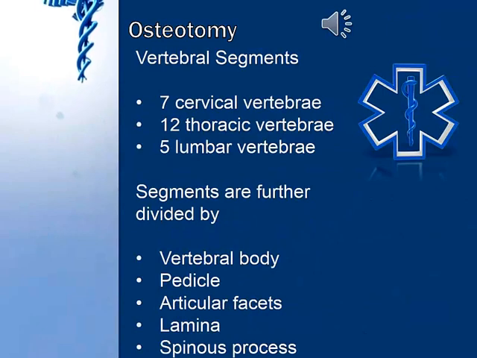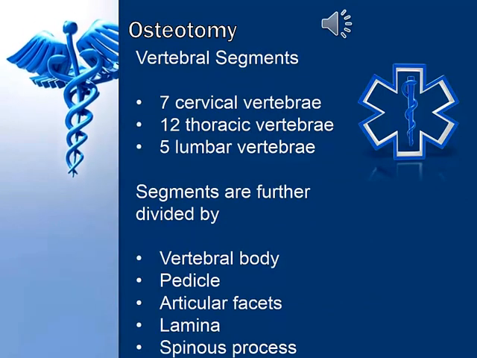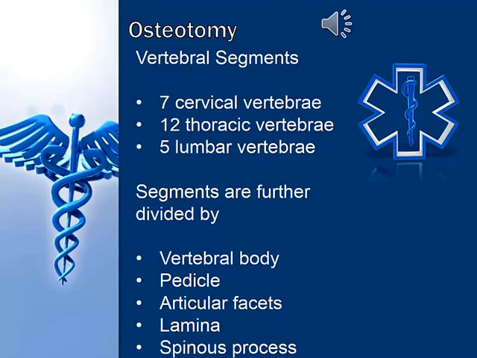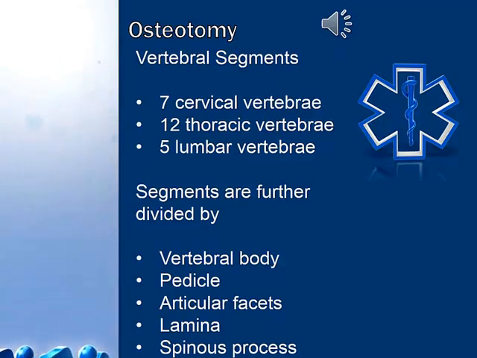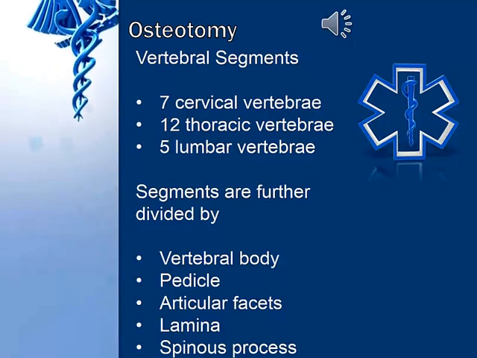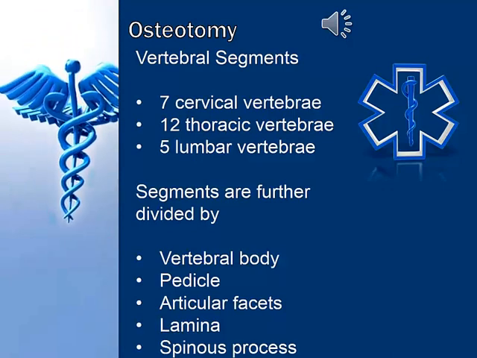Okay, for the following section in the osteotomy, for these codes in this section, I'm going to go over the parts of the vertebra again, just as a reminder, okay? Again, there are 3 different parts that you guys are going to need to be concerned about when coding for osteotomies. You have 7 cervical vertebrae, 12 thoracic vertebrae, 5 lumbar vertebrae, okay?